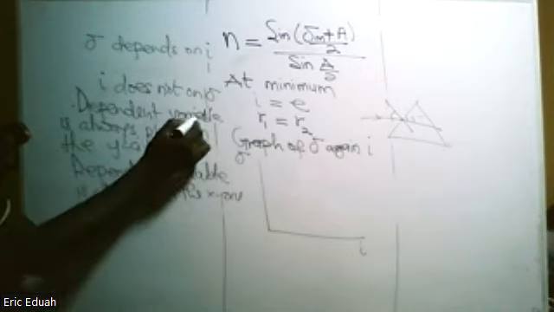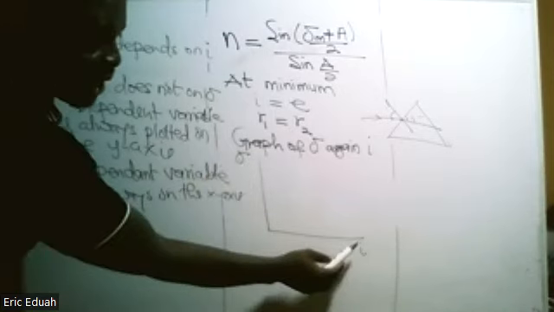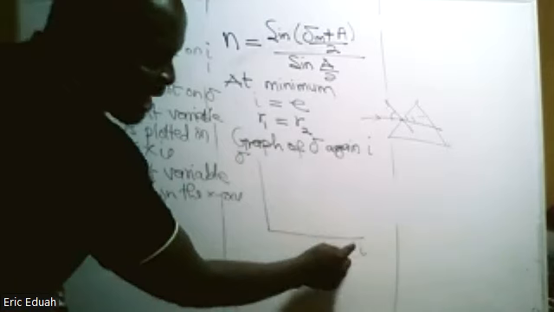The dependent variable is always plotted on the y-axis, and the independent variable, it means that over here sigma depends on I, okay, and I is on its own. I is the independent variable, so that is why we are plotting sigma against I.